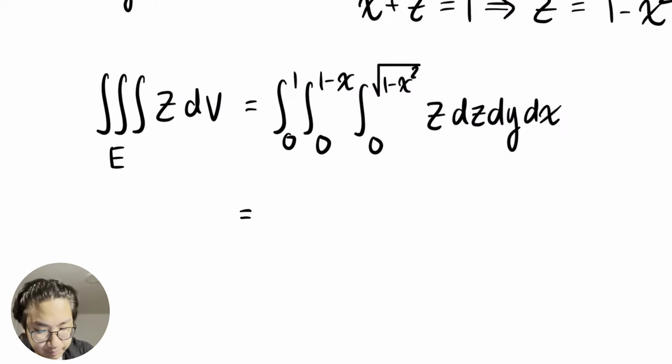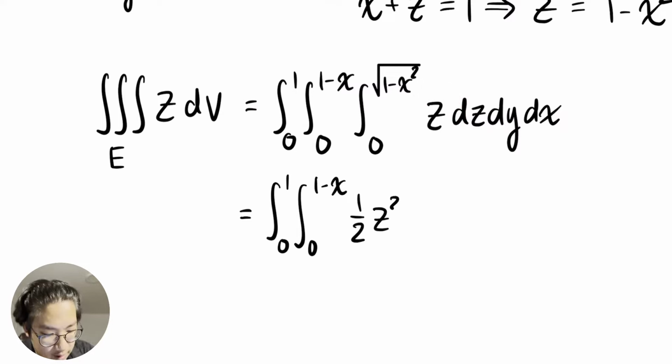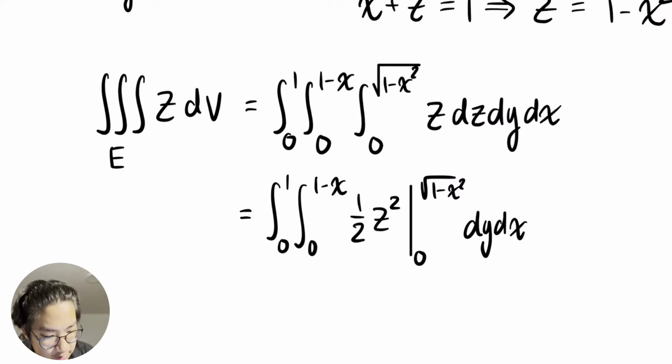So we can rewrite this. Integral between 0 and 1, 0 and 1 minus x. For z, we can directly take the integral. It's just 1/2 z squared, evaluated at 0 and the square root of 1 minus x squared, dy dx.